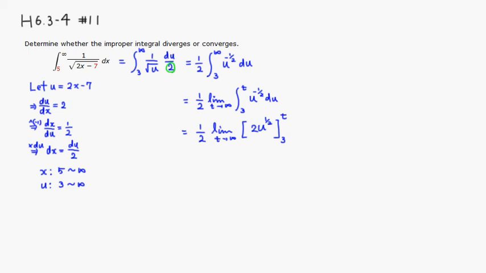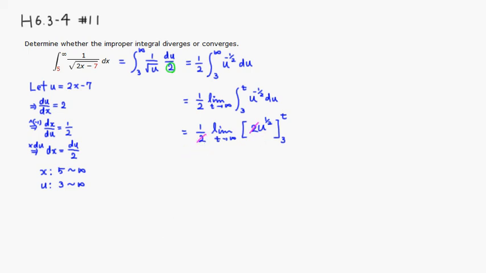Luckily we have 1/2 in front and there's a 2, so we can cancel those, 2 on top and 2 on the bottom.